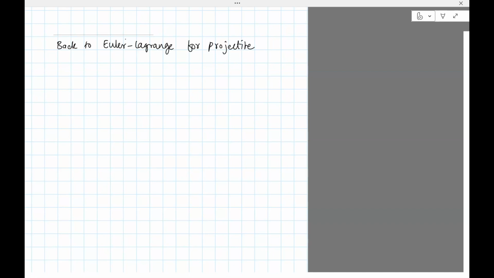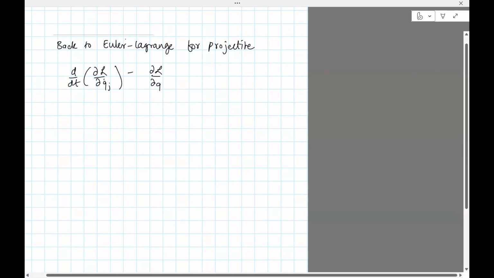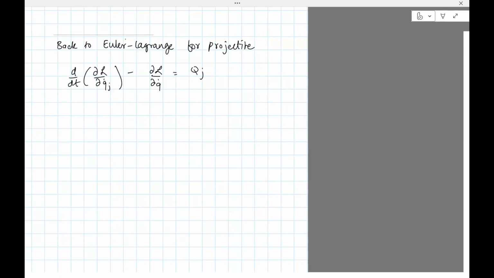We're going to try to extract an algorithm or code which we can use for just any problem, and not just the projectile. You can copy paste the code for any system you're deriving, and it'll give you the equations.